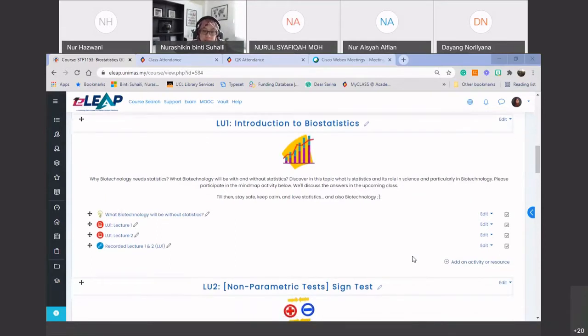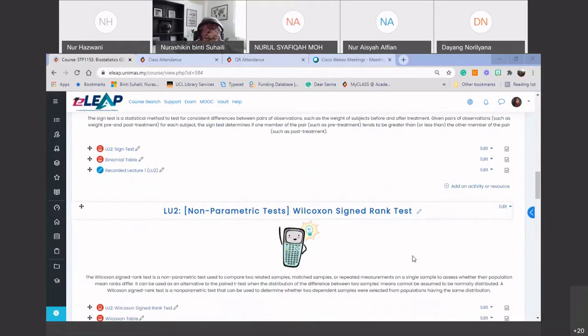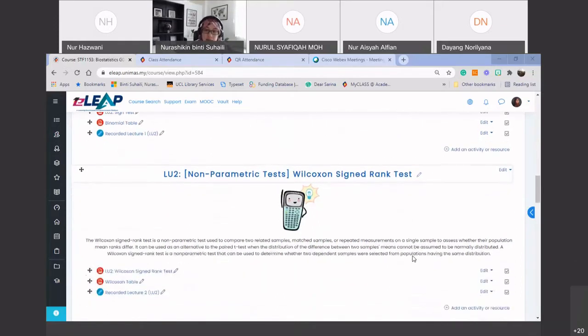Then in LU2 we started discussing non-parametric tests, where the first test that we discussed, last 2 weeks I guess, was the sign test. It is the first test that we discussed and the simplest test. After that we talked about the Wilcoxon sign rank test, the second test that we took, which is also a non-parametric test.